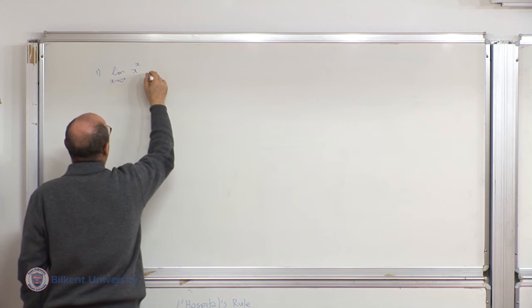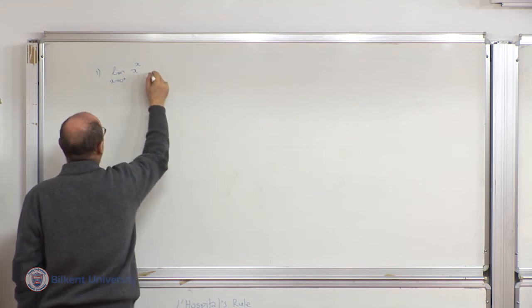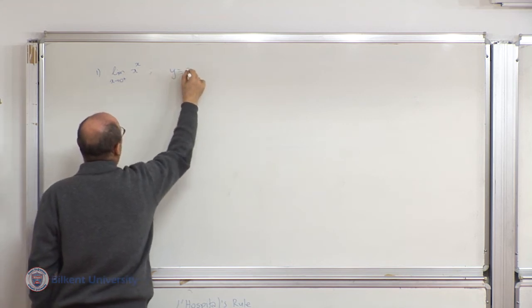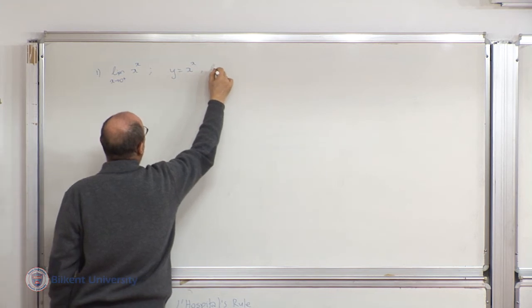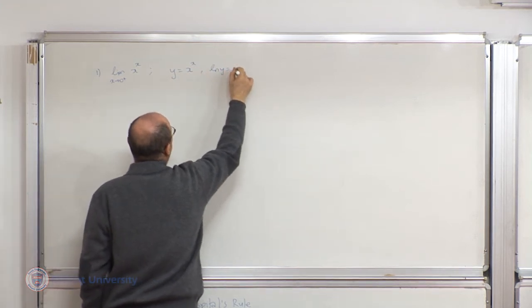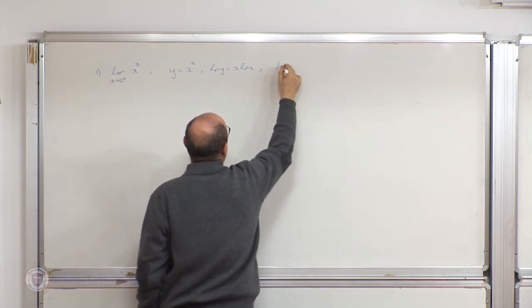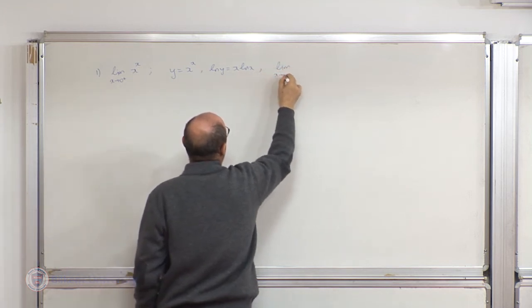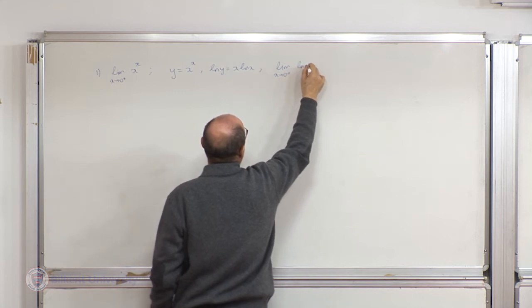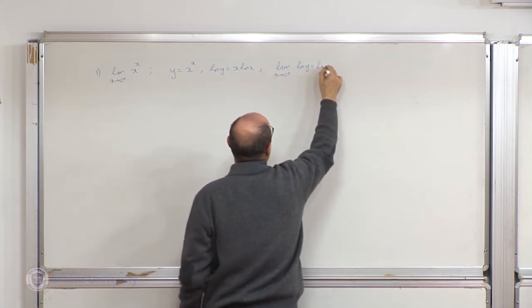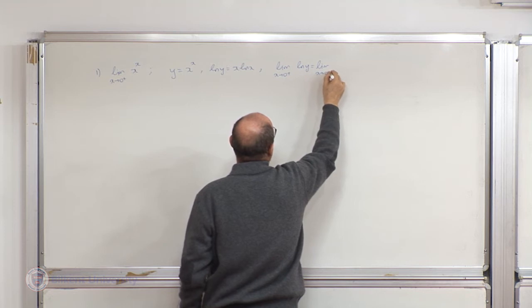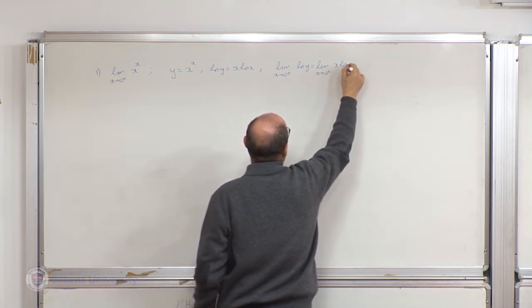Okay, so for this thing, we set y equals x to the power x, then ln y is x ln x. Now we take the limit as x goes to 0 from the right of ln y, which is equal to the limit as x goes to 0 from the right of x ln x.